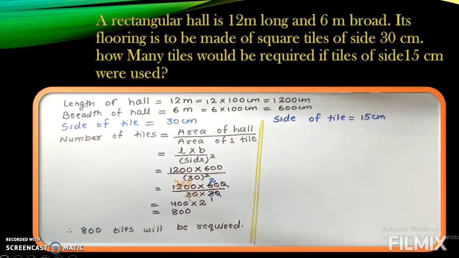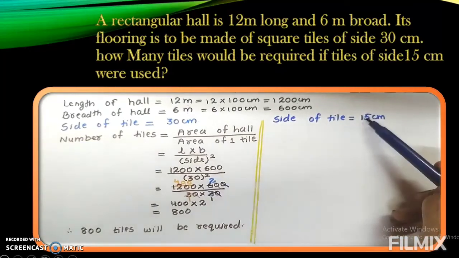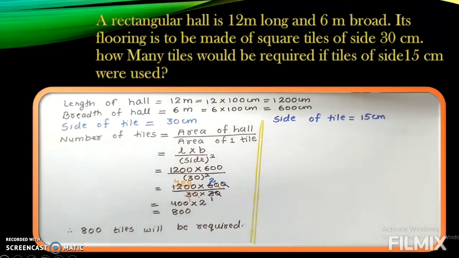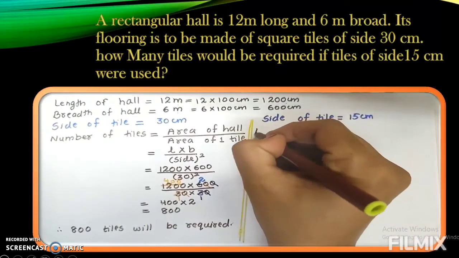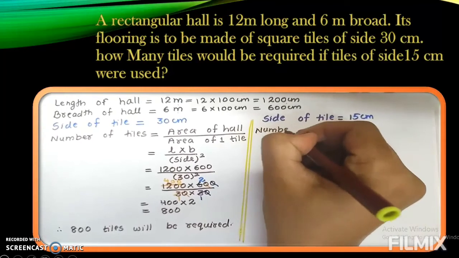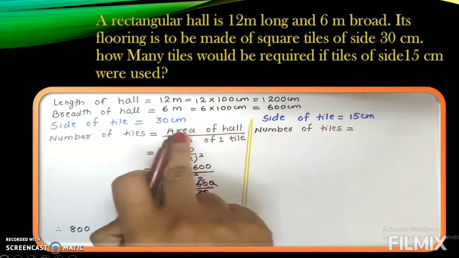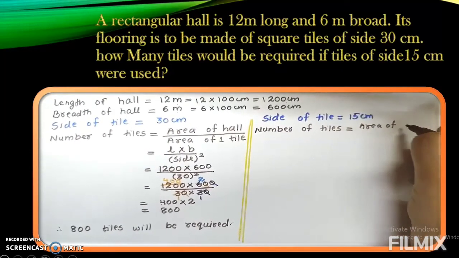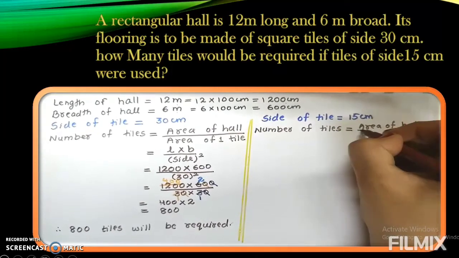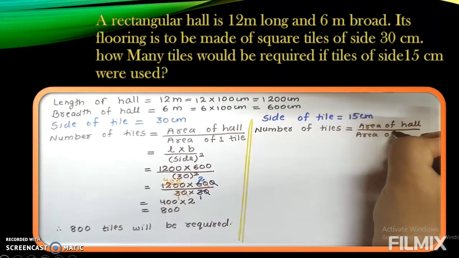So the same method, the same steps we will proceed. Only instead of the side of the tile we substituted the value 30, now we will substitute 15. Now we'll write the same formula. What formula we will write? Number of tiles is equal to bigger area, that is the hall is bigger, area of hall upon smaller area, which is the area of one tile.